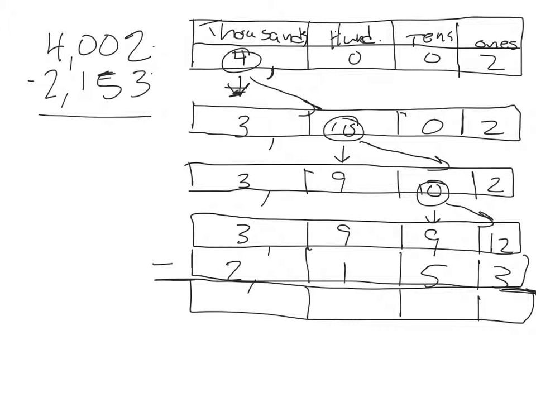So I'm going to just take 12 minus 3 is 9. And then 9 minus 5 is 4, and then 9 minus 1 is 8, and 3 minus 2 is 1. So I get the answer 1,849. So that's the place value chart.